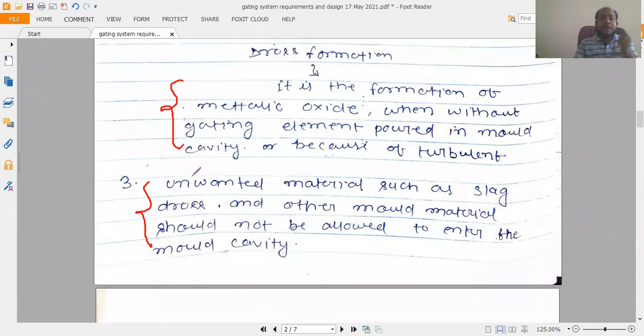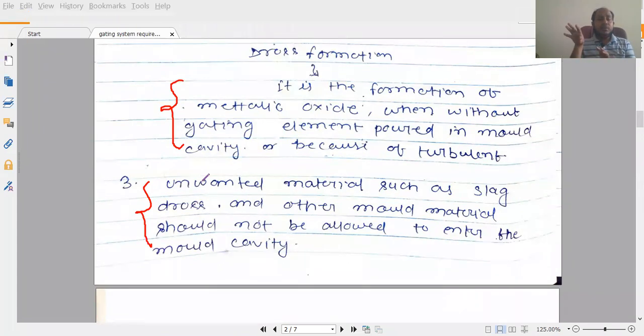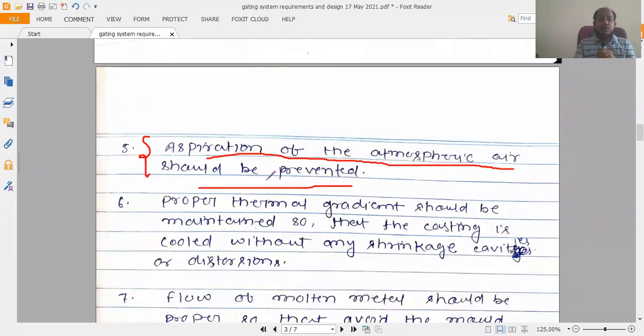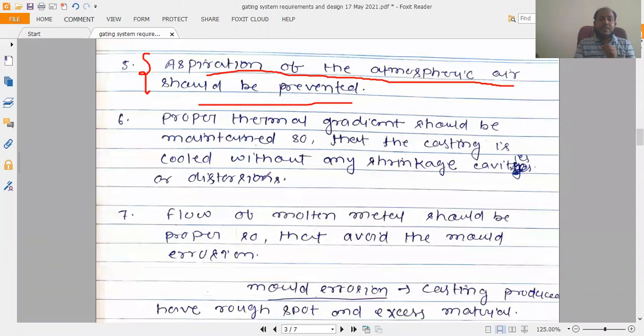We all have to keep in mind that none of these unwanted things should happen in the mold cavity, so we need to design the gating system very smoothly and very precisely.